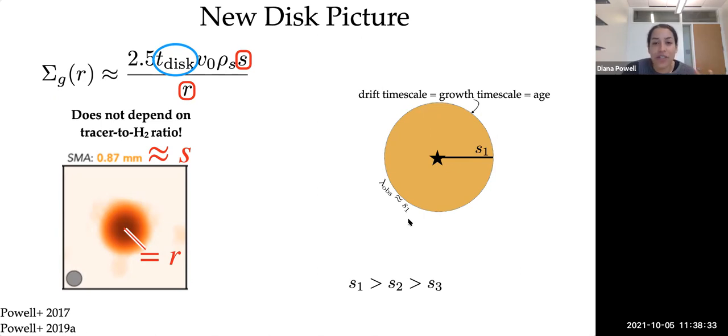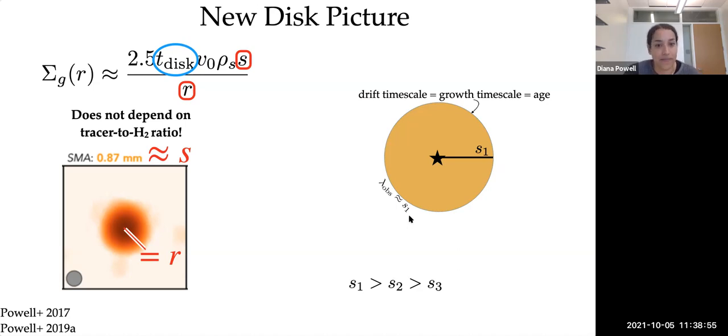And we can measure the disk size to determine the radius at which these particles are the maximally sized grains. And this method allows us to derive the disk surface density without assuming a tracer to H2 ratio, because we only care about how fast the particles drift, which depends primarily on their size and not on how many particles are present.